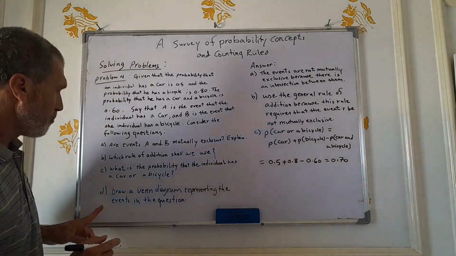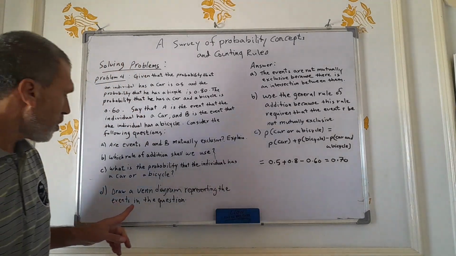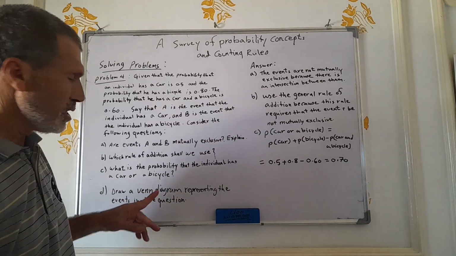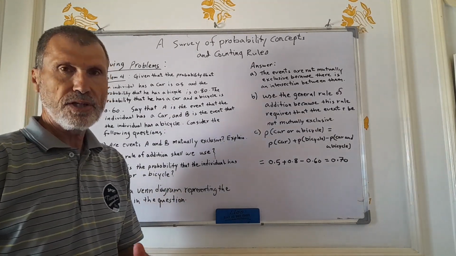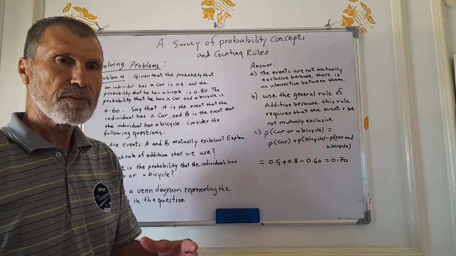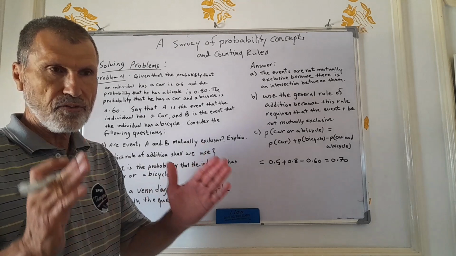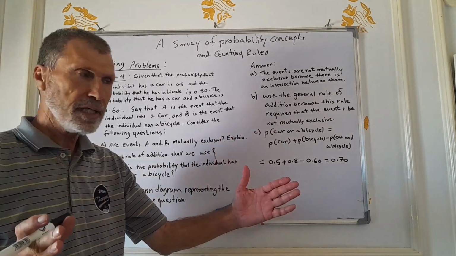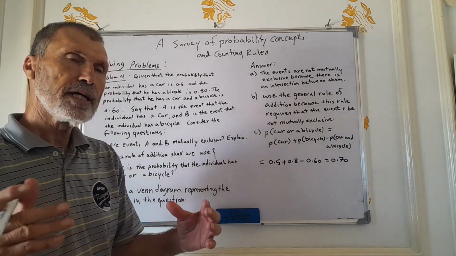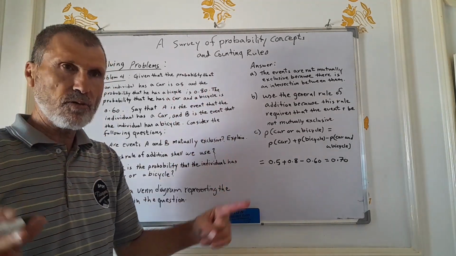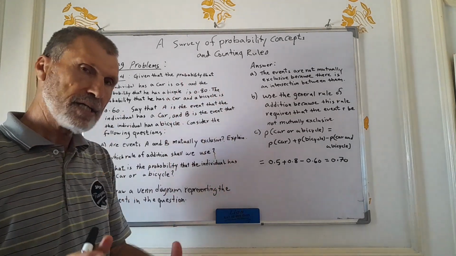Now, part D says draw a Venn diagram representing the events in the question. Of course, we have here some overlapping between the events. Therefore, to draw a Venn diagram, we have to draw first a rectangle, okay? And then we draw the events as circle areas inside the rectangle.